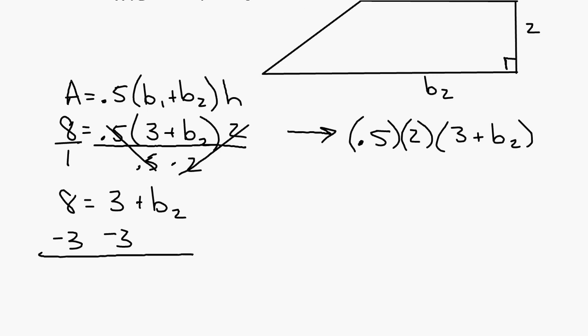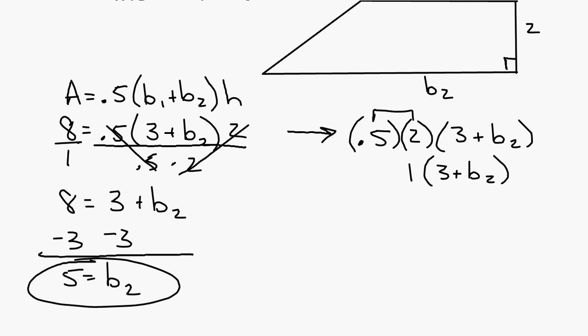Because it's all multiplication, right? So when you reorder it, you can multiply these two first, and you would have 1 times 3 plus b2. It's a little bit simpler. Okay, so down here you got 5 is equal to base sub 2. Any questions?